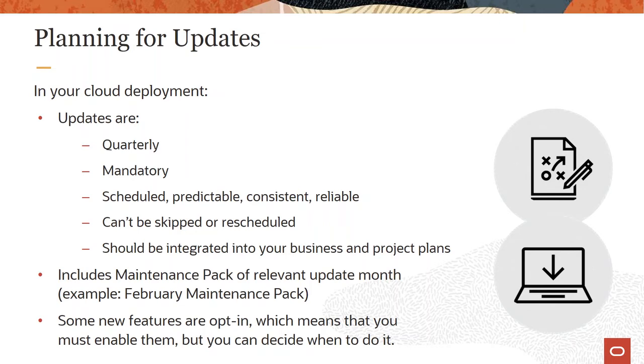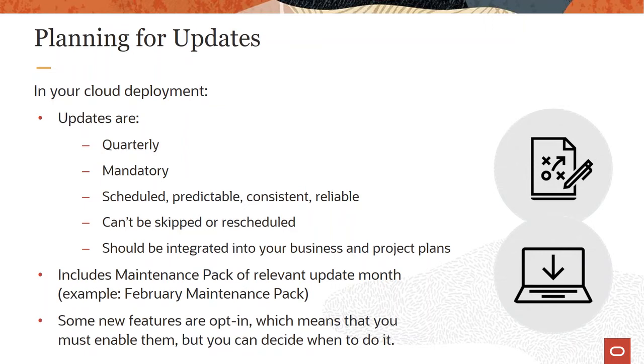There may also be a maintenance pack that comes on a quarterly basis that would include potentially some monthly updates, bug fixes, and so on that might have occurred and been released. So if you're not in a hurry for a certain fix, you can wait till the quarterly update and just have that monthly maintenance pack automatically bundled with your quarterly update.